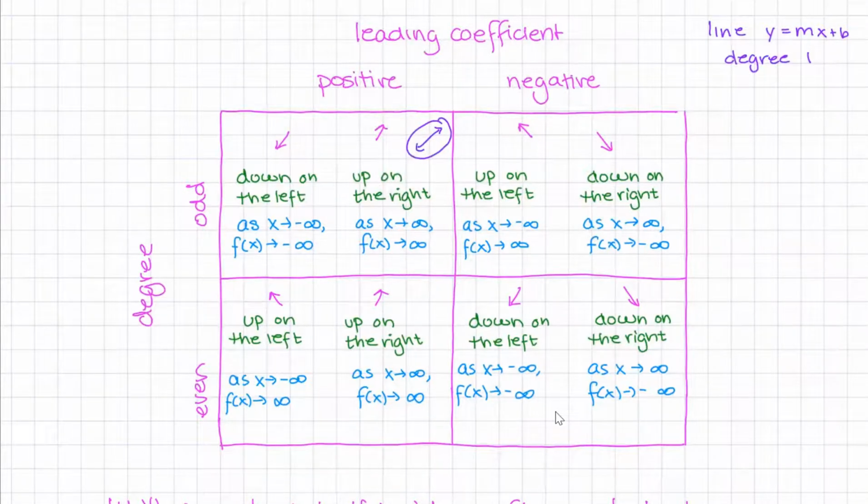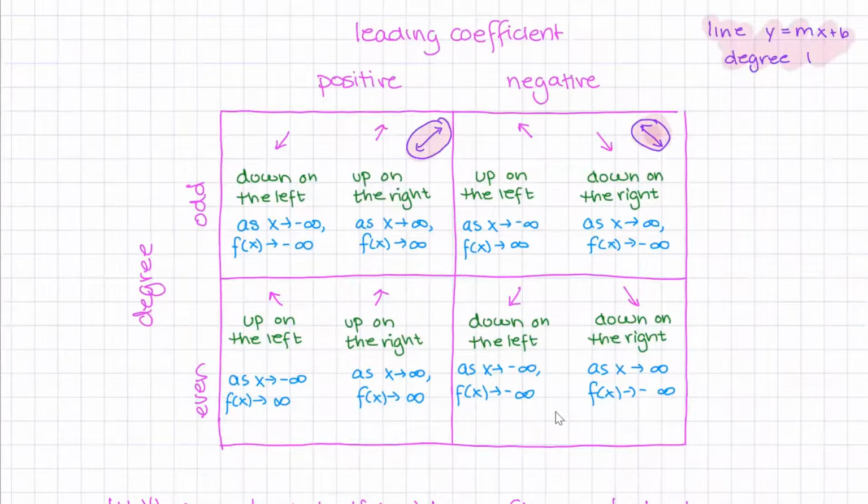If you have a line with a negative slope, you know it's going downhill, which means it's up on the left and down on the right. So that's something you guys know, which makes it a little easier to memorize. So this part right here, you can just use that.